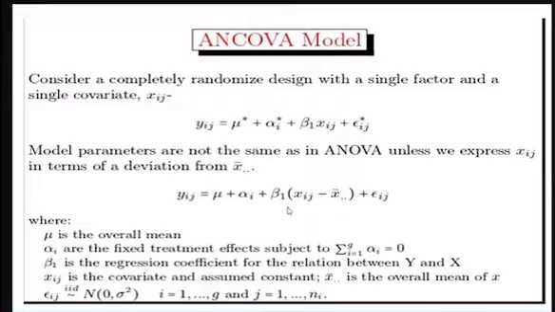You can see we have beta 1 times (S_ij minus x bar dot dot), which means we subtract the mean of that covariate from each and every data point. When we do that, we are adjusting for the covariate.